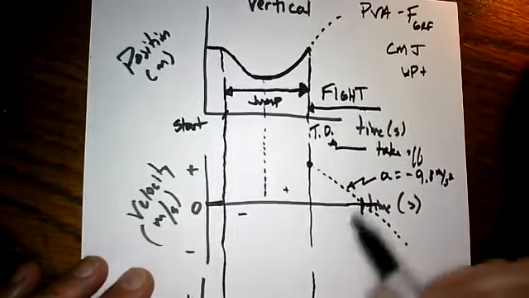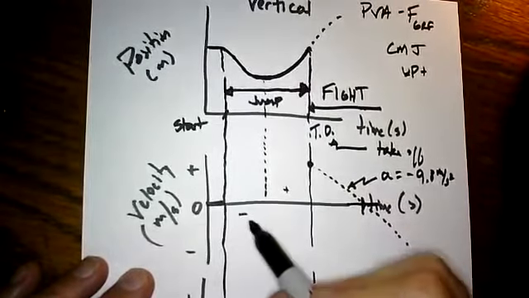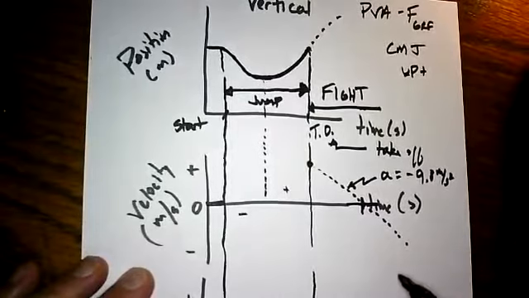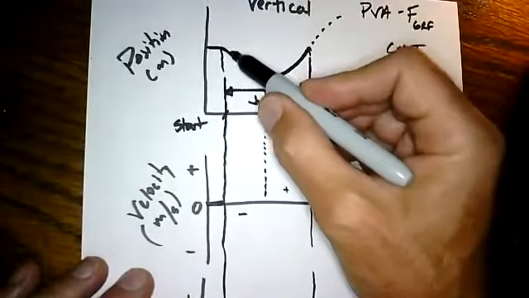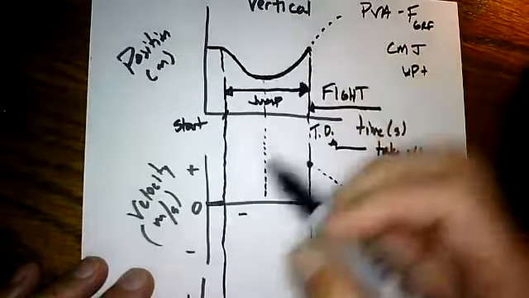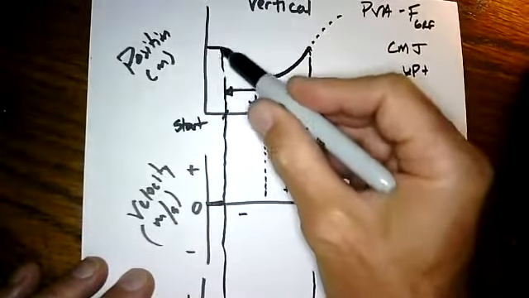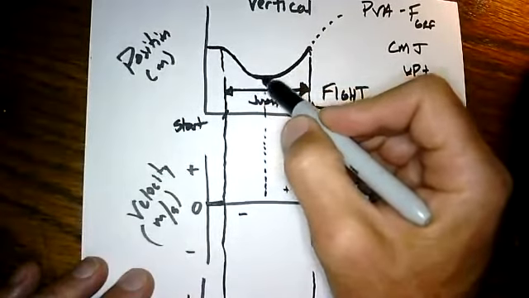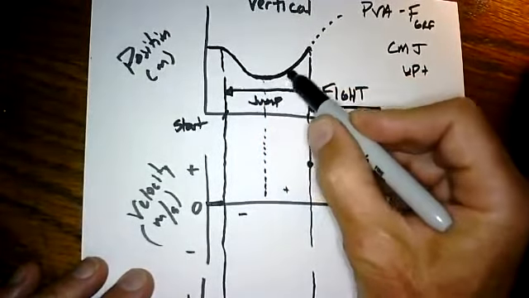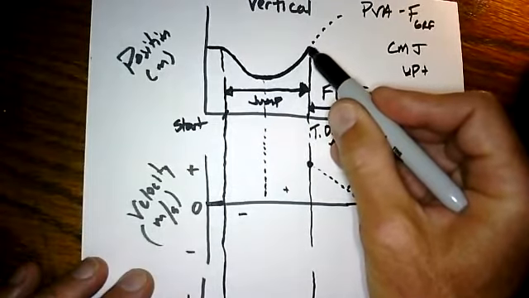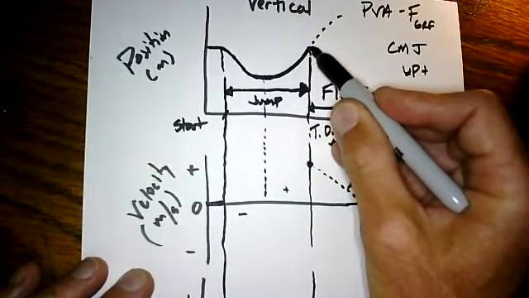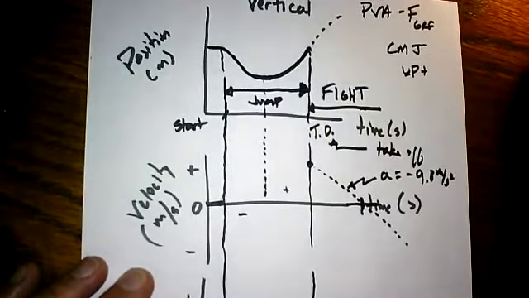All right, so I've got that part figured out. I've got this part figured out. I've got the directions of the velocity figured out. Now I need to put in how the rate of change of position is changing through here. Well, initially, we're speeding up, moving downwards, then we're slowing down, moving downwards, then we're speeding up, moving upwards, right at the end. And notice I didn't say slowing down, moving upwards, but there is a little bit of slowing down, moving upwards, and I'm going to explain that as we go along.